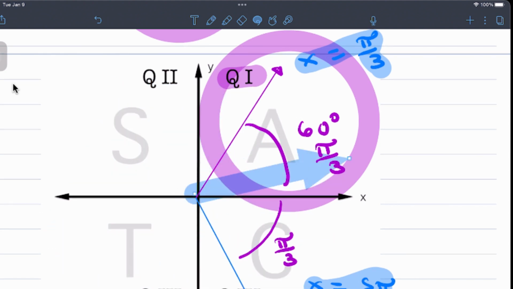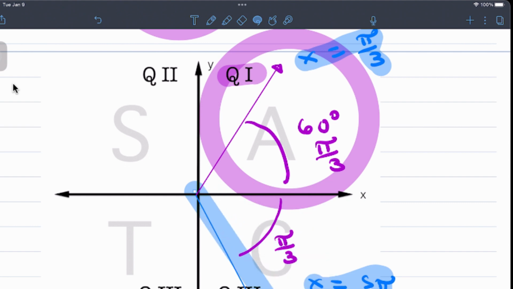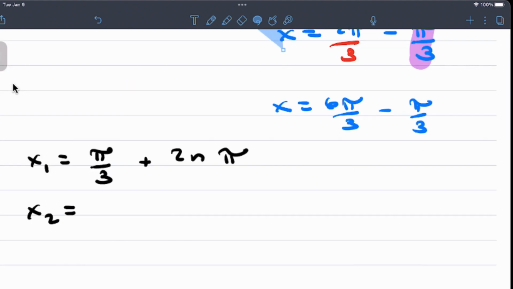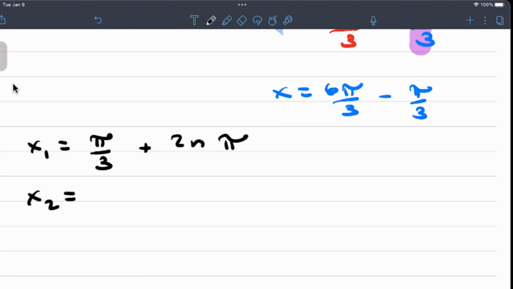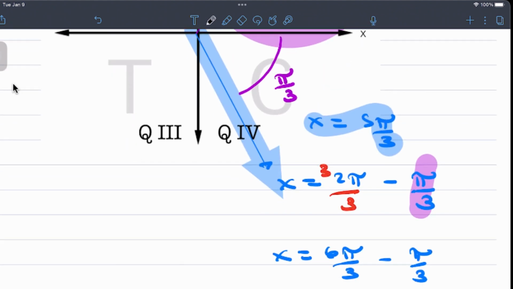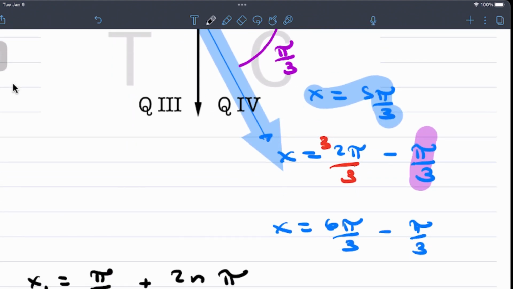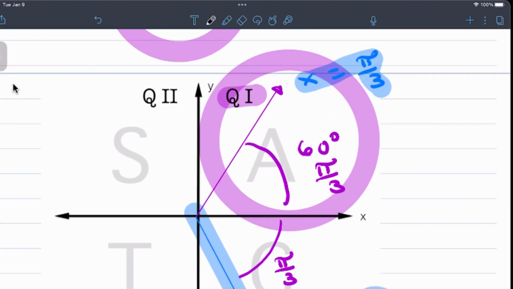In either direction? So you take 5 pi over 3 plus 2n pi. This is just for positive cosine.